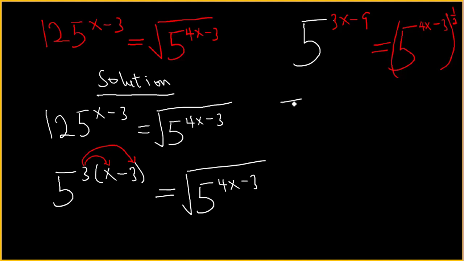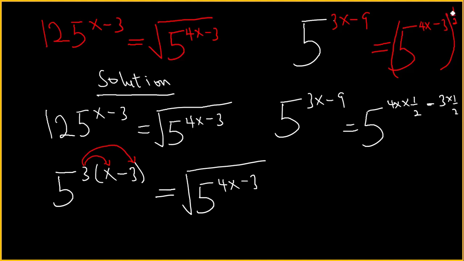Now 5 is equal to 5. We have 4x times 1 on 2 minus 3 times 1 on 2. So the 1 on 2 is the power. So this by this by this.